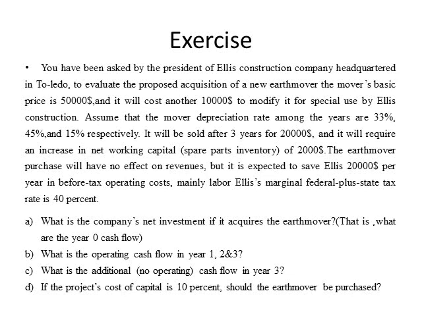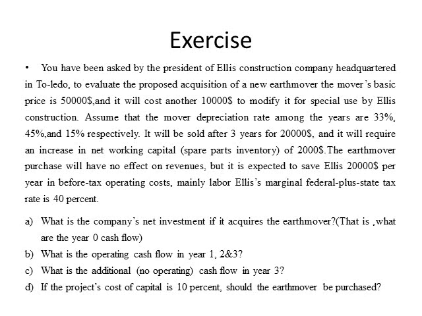The exercise in front of you is going to show us how to deal with cash flow estimation. You have been asked by the president of Els Construction Company, headquartered in Toledo, to evaluate the proposed acquisition of a new earth mover.